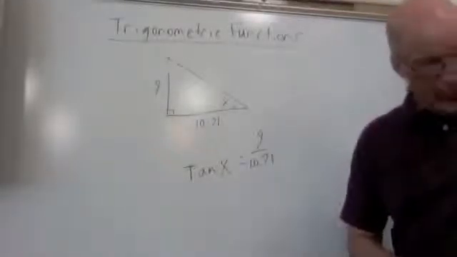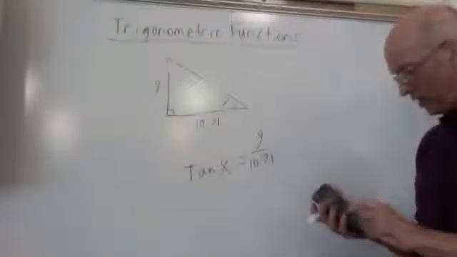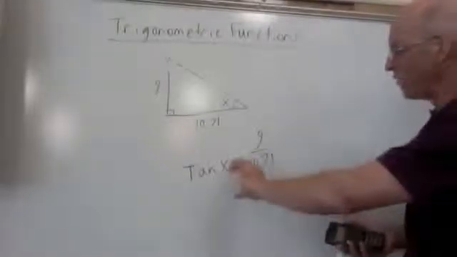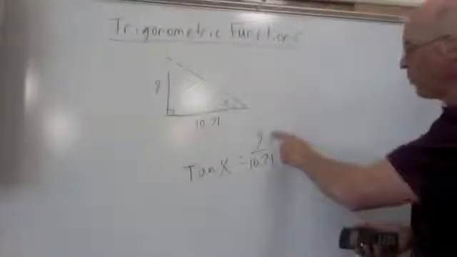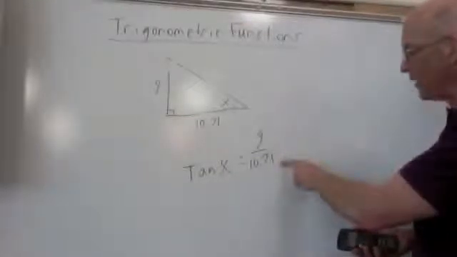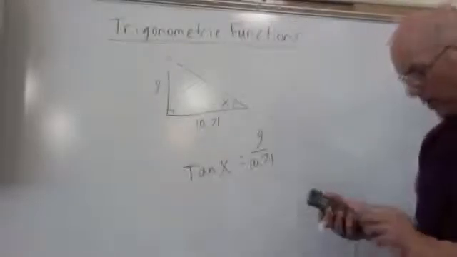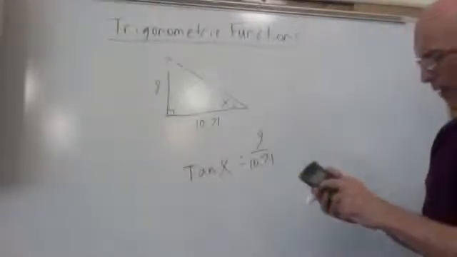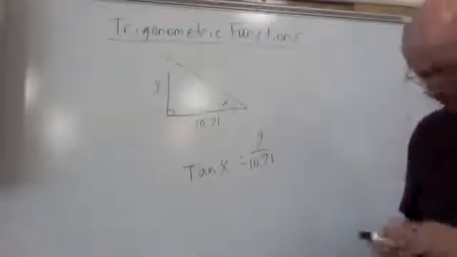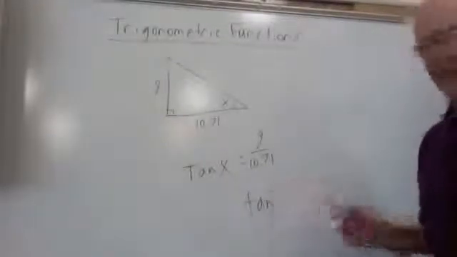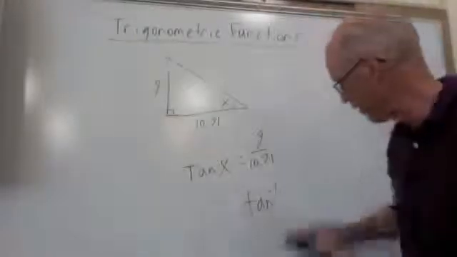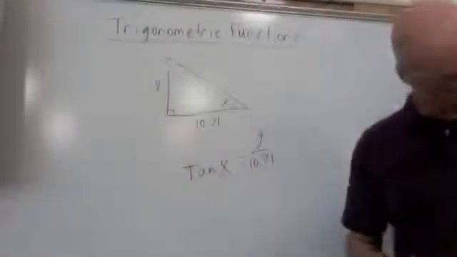There's a little button on your calculator that says the inverse of the tangent. Basically, it's like we're solving for the angle whose tangent is that ratio. We know that the ratio is 9 divided by 10.71. On mine, I'm going to look for the one that says tan to the minus 1, the inverse of the tangent. So for mine, here's what I'm going to have to do.